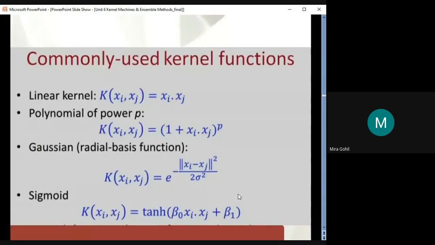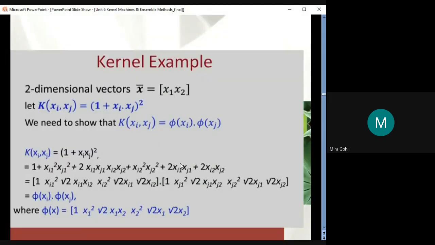Okay, so now we will check this polynomial kernel function, how it works. So suppose we are having, let's say, a two-dimension feature vector that is x1, x2, and based on this kernel function, what we are doing is converting the data into kernel function.